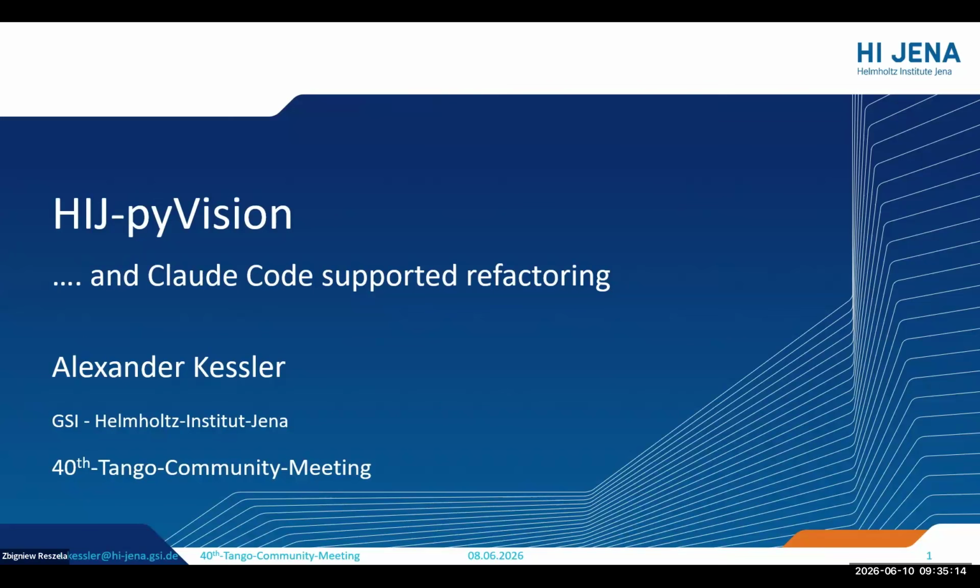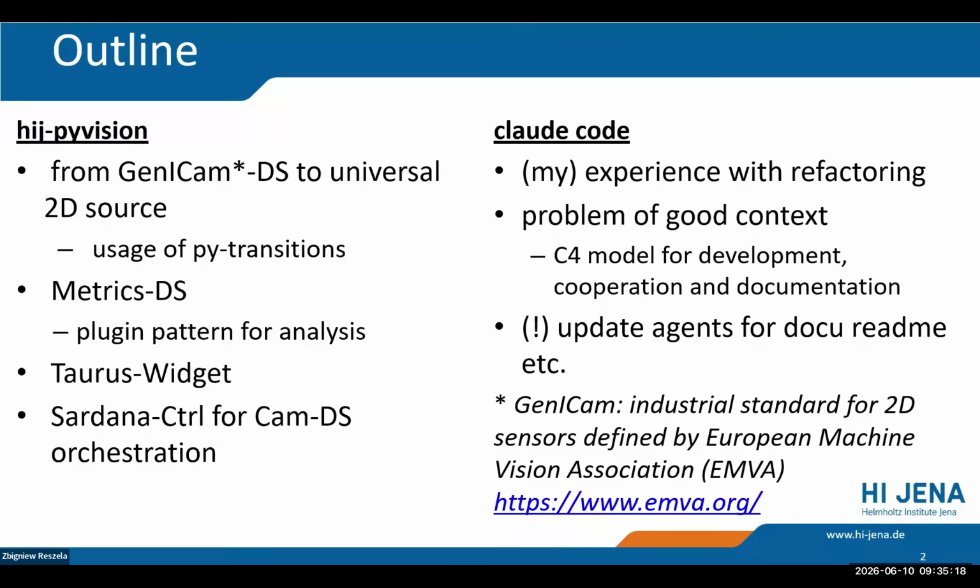So I introduced HIJ-pyVision in my first talk already. And now I'll go a little bit into detail, and I decided to change the structure of my presentation because almost everybody here is an expert on pyVision, and you can look inside, and you can also use AI tools to analyze the code.